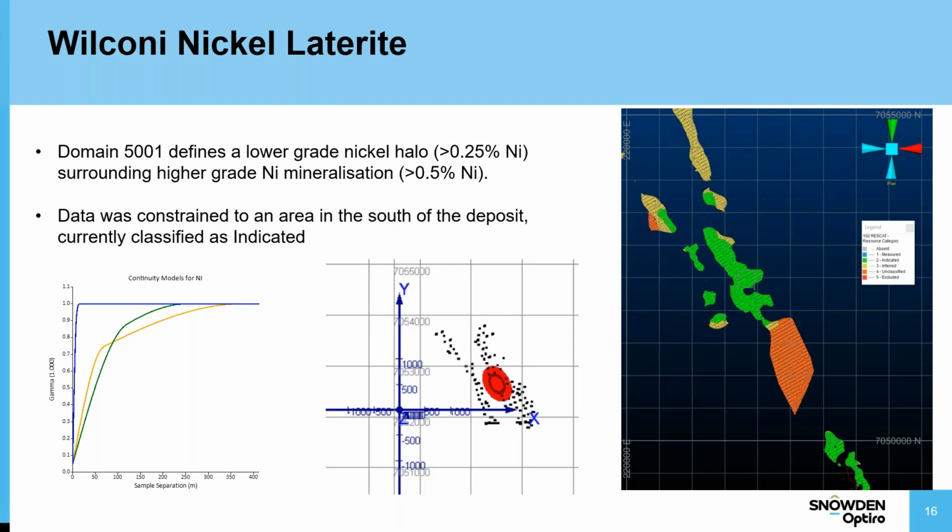And data was constrained to an area in the south that was currently classified as indicated. You can see the search ellipse. We had a flat search with quite a decent range out to 350 metres, oriented slightly north-northwest.